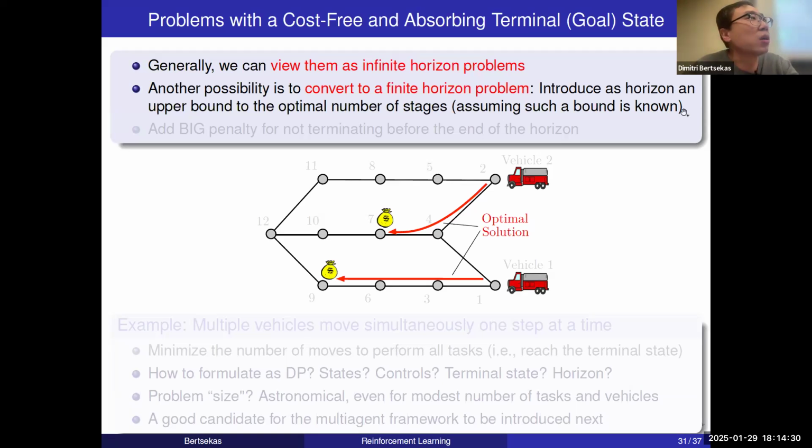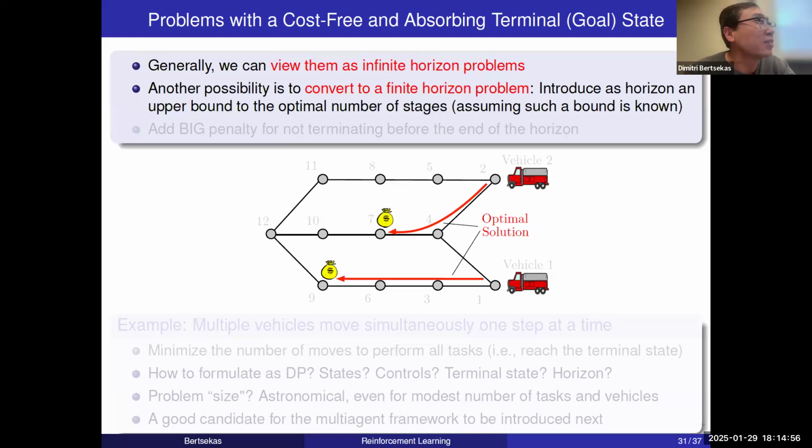Let me use the shortest path example again. Suppose I want to drive from here to Boston and find the shortest path. Then I don't know beforehand how many cities I'm going to drive through, but I do know the number of American cities.